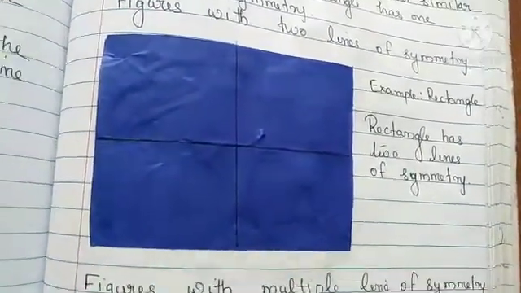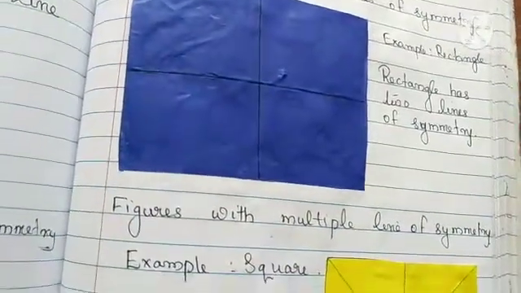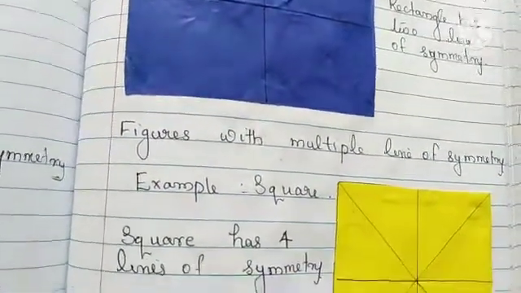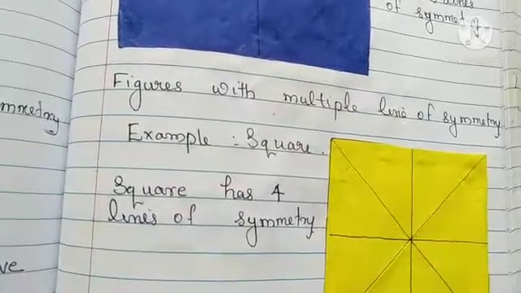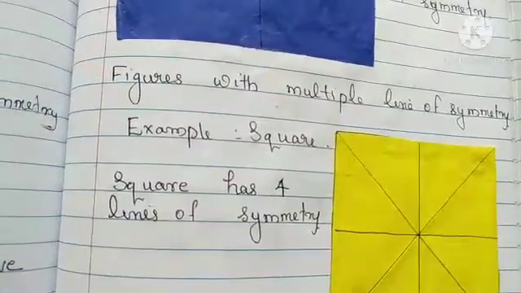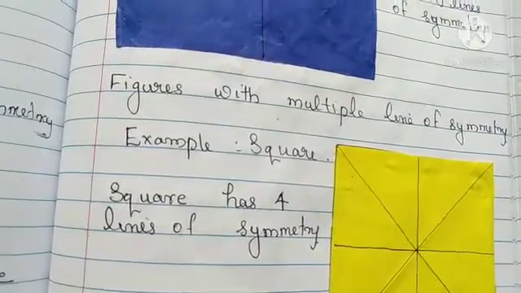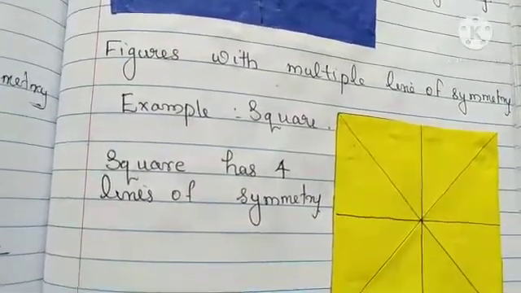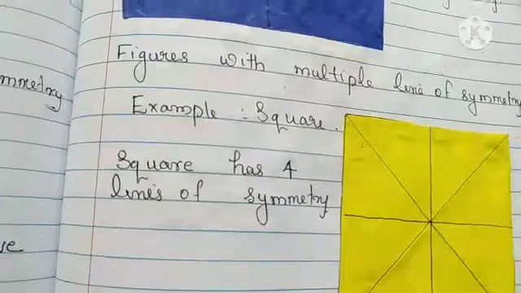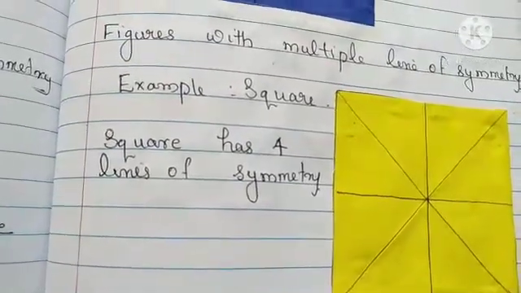Next topic is figures with multiple lines of symmetry. For example, I showed you a square. Here in this square you can see four lines of symmetry. So a square has four lines of symmetry.